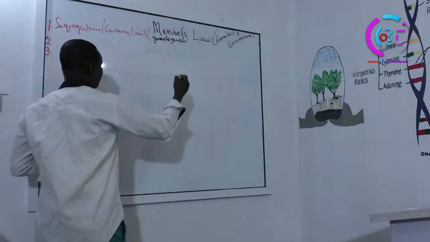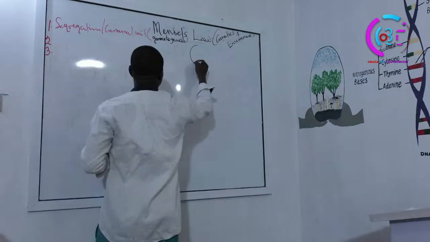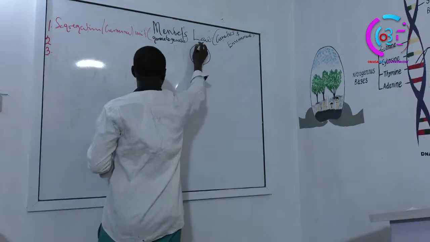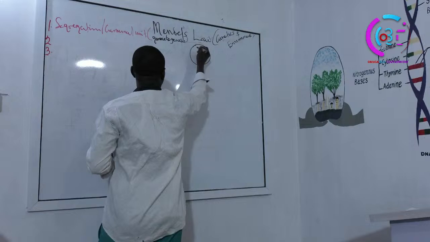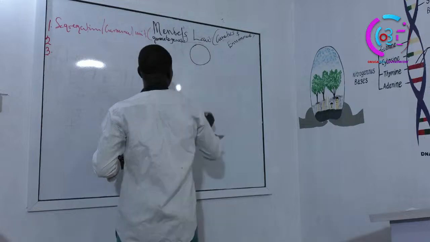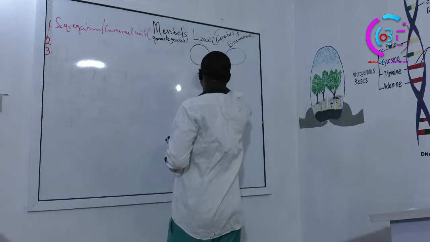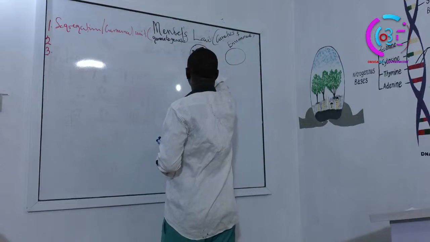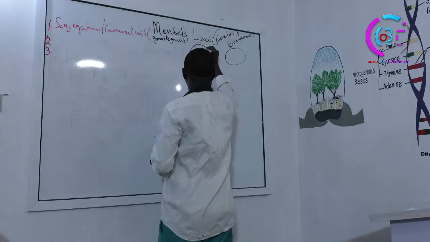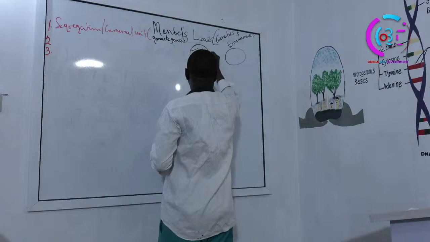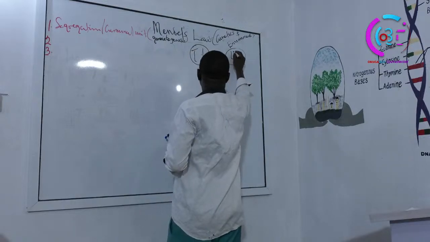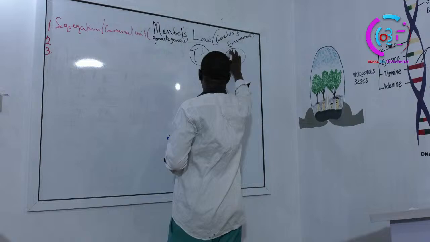So what this is telling us is that if you have two alleles, like this, when you have tall, and this is also another one which is tall. Let's say this one is also tall heterozygously.